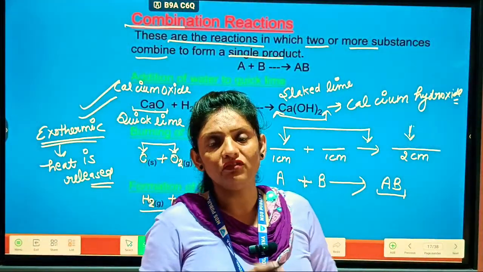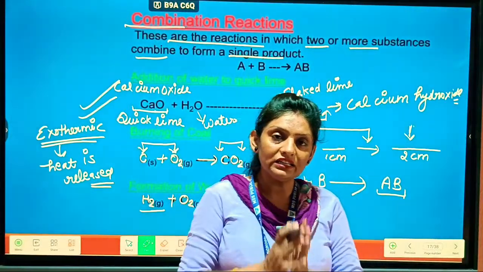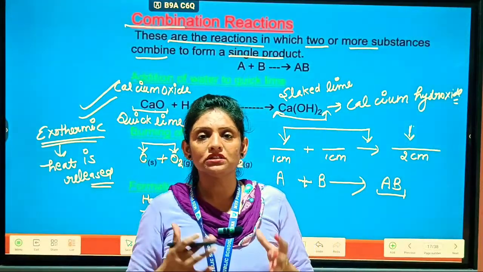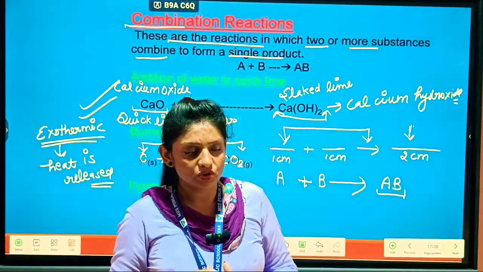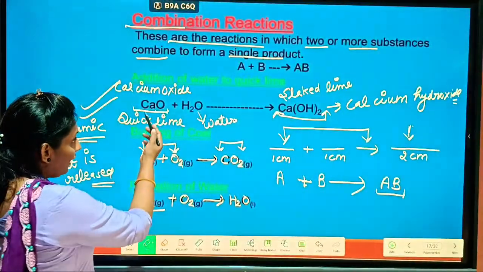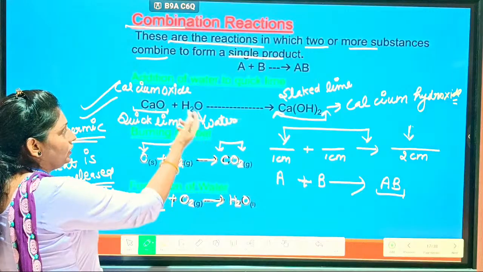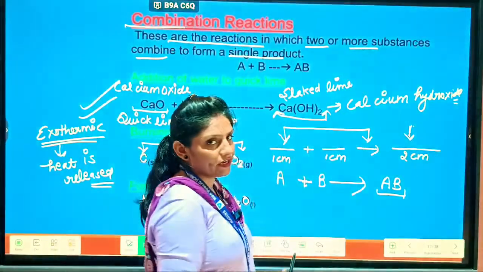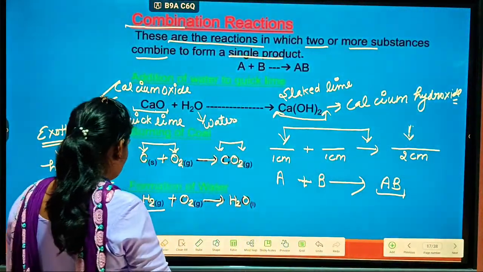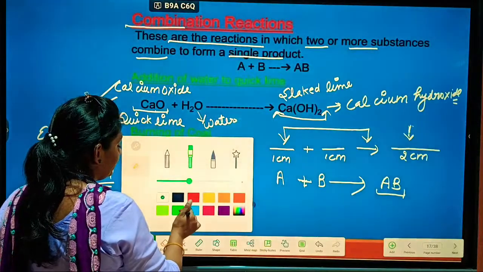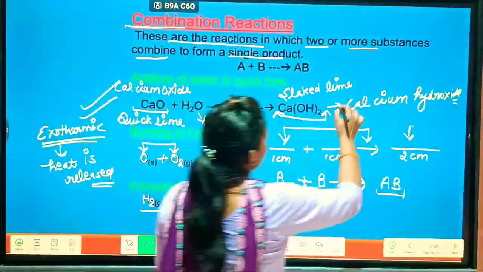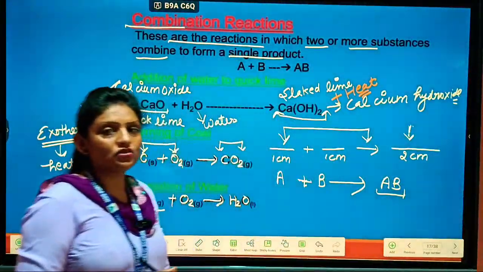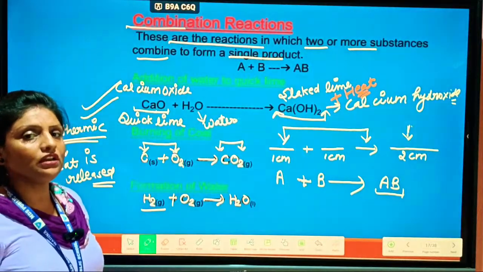So the process in which heat is released, heat escapes out, heat is evolved, we can say, that process is known as an exothermic reaction. Students, here, if you have calcium oxide and water, and you mix both of them, then you will get a single product, that is calcium hydroxide, plus some amount of heat is also produced. Some amount of heat is also produced during this reaction. Okay, so this is an exothermic process, an exothermic reaction.